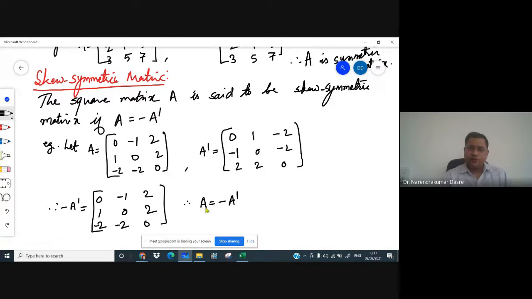So when we have A and minus times A transpose the same, then we say this matrix is going to be a skew symmetric matrix. So we can say A is a skew symmetric matrix.